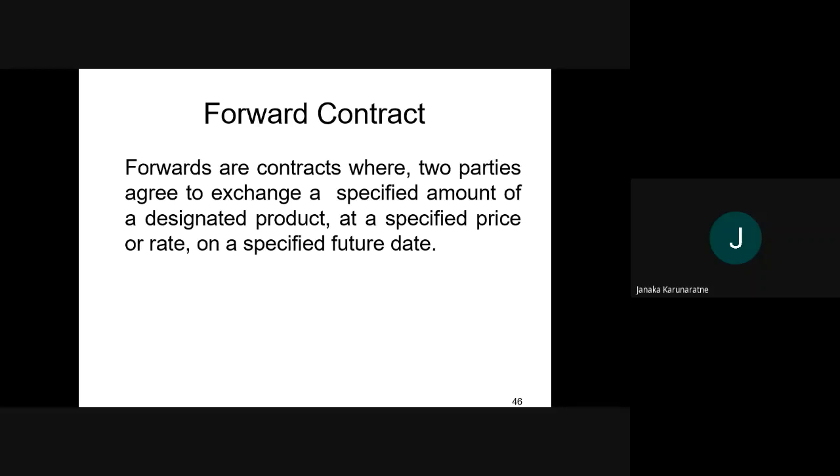But this is not a standardized contract, and it is not traded on a standardized exchange. This is a tailor-made product. Remember, if you want to buy a shirt and go to a dealer, it is standardized and may not match your requirements exactly. But with a forward contract, you find another party willing to take the opposite position to match your requirement. That is called a forward contract.